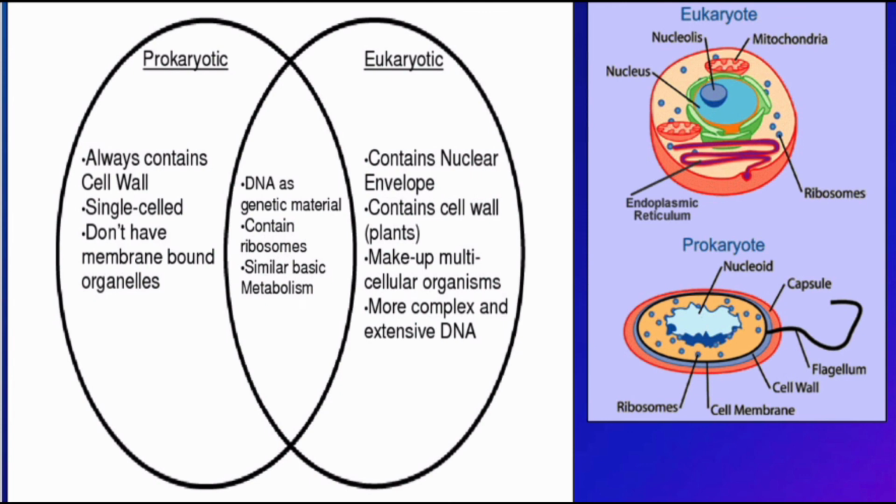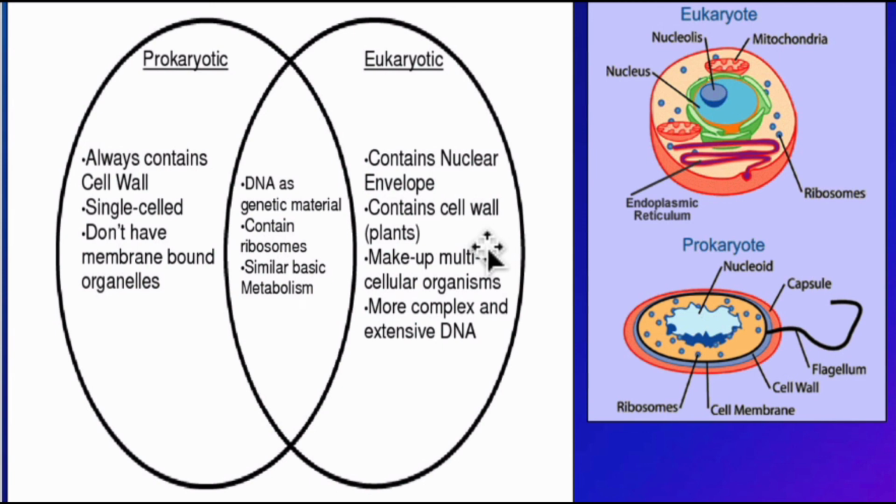Moving along with prokaryotes and eukaryotes, the major difference between them is that prokaryotes are the older cells. Eukaryotes are the more modern cells. Prokaryotes always have a cell wall, whereas in eukaryotes, you may not always find it. In plants, for example, we will find a cell wall present.